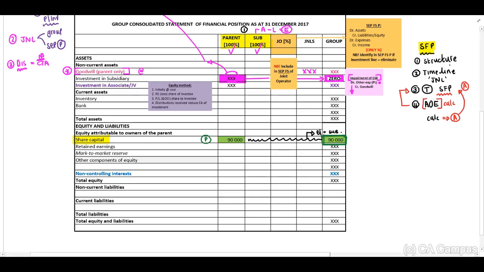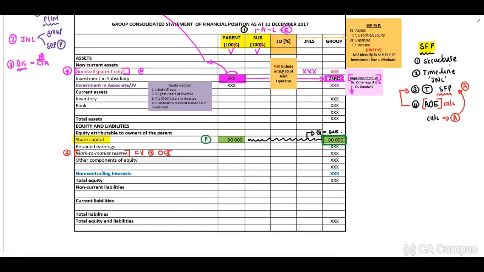Two lines down, there is mark-to-market reserve. Guys, again, this will be when we have financial assets carried at fair value through OCI. Okay, now this is where it is very important that you understand.